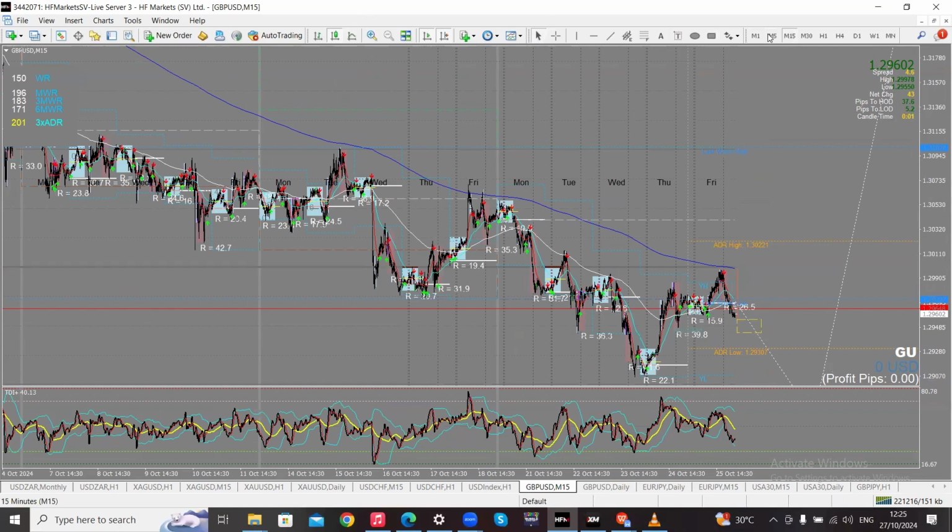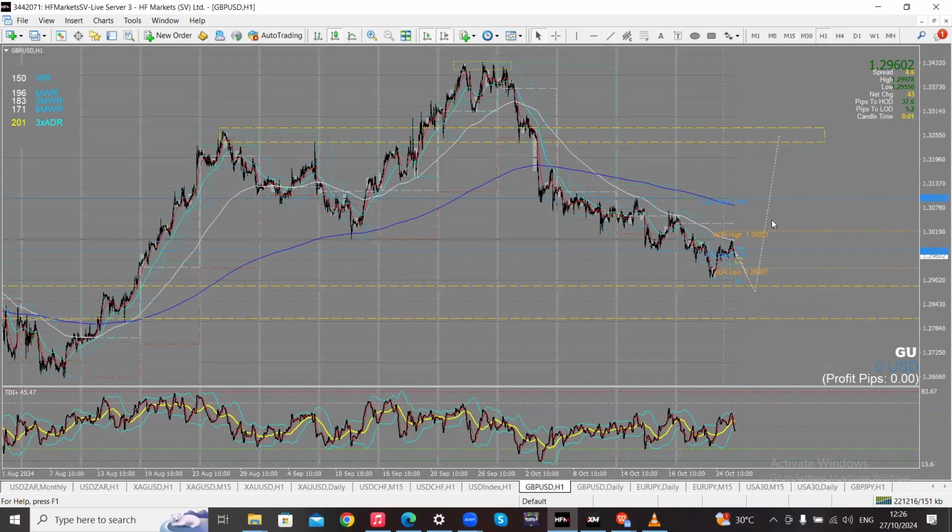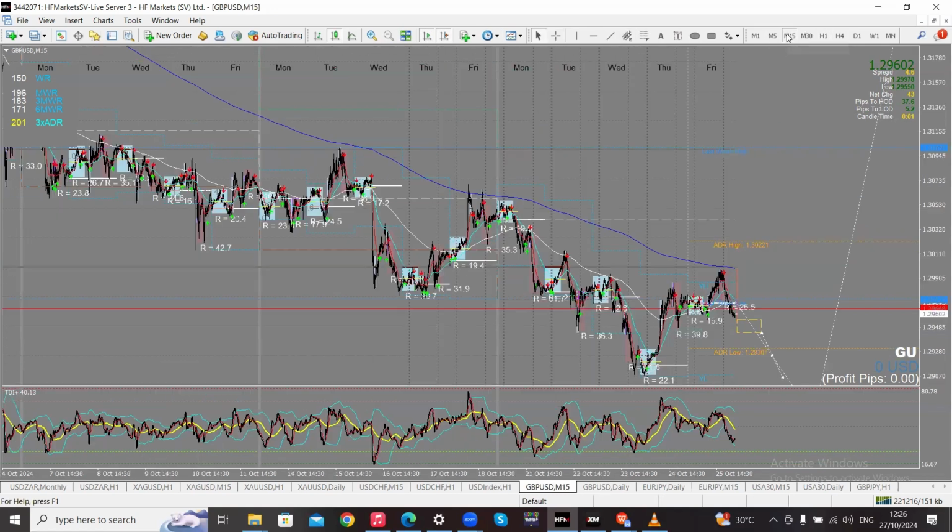So greater part of next week beginning is maybe likely moves to go down. And roughly maybe on Tuesday, we would then get our move for the reversal. So this is my perspective on this pair.